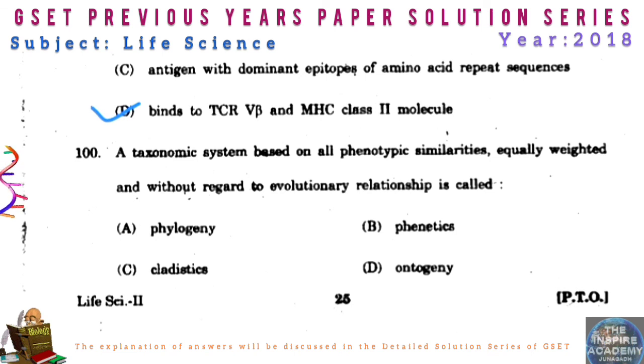Last question, question number 100. A taxonomic system based on all phenotypic similarities, equally weighted and without regard to evolutionary relationship, is called phenetics.